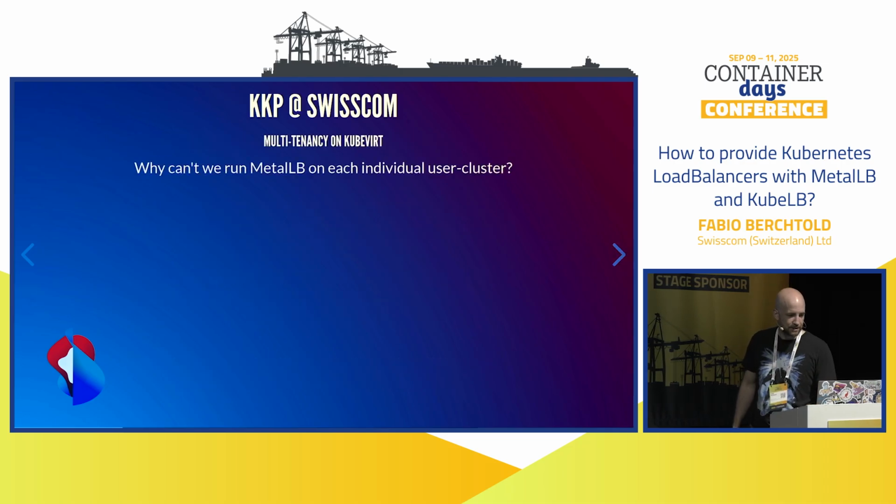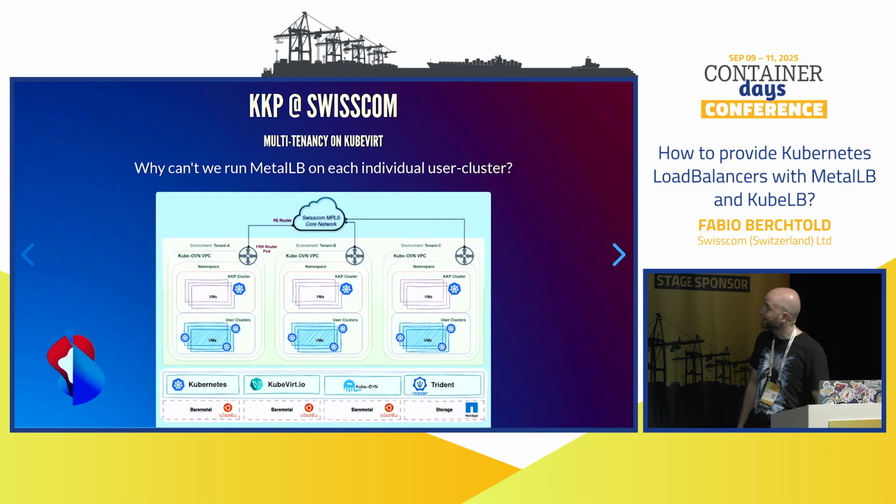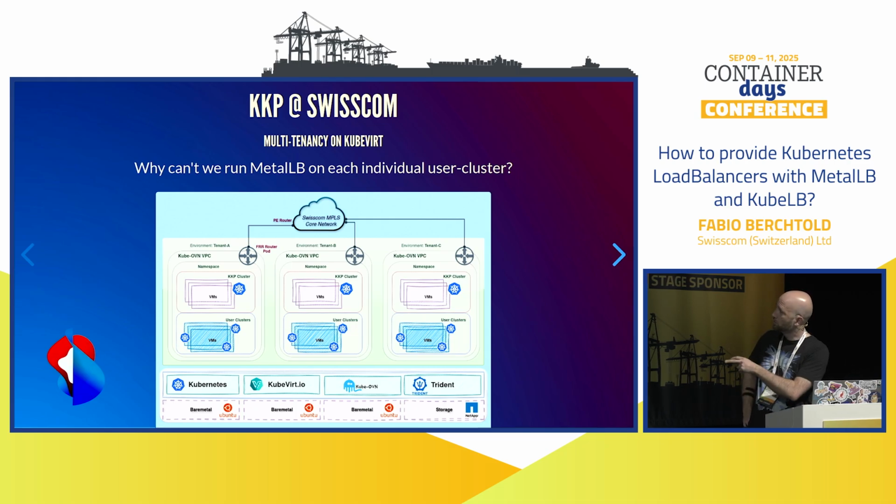And this picture actually explains it a little bit more. It's a bit complicated at first glance, but the thing we do at Swisscom is, we have a very large bare metal Kubernetes cluster, where we install KubeVirt, and we have KubeOVN as the CNI on it, etc. And so we create namespaces on this KubeVirt cluster, and each namespace is like a tenant for a specific company or an external customer.